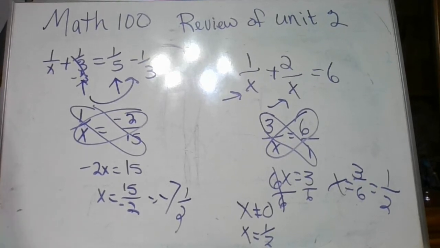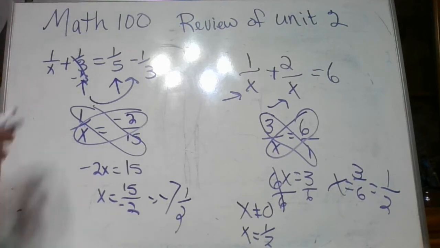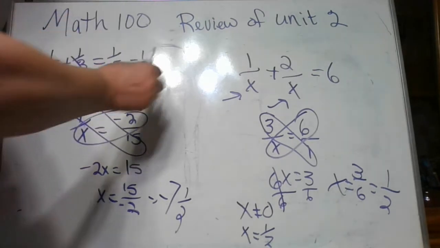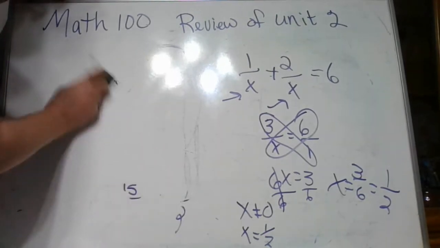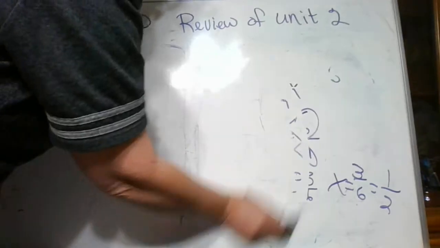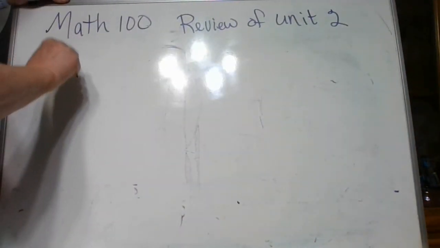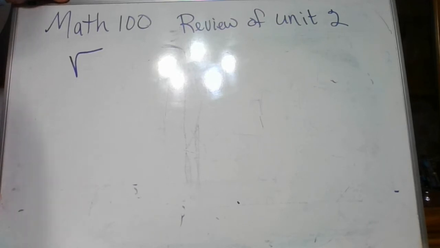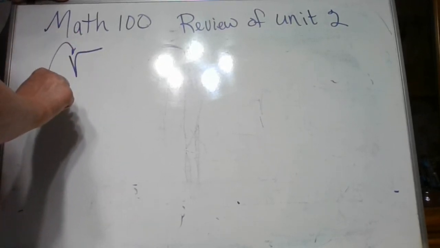Okay, now we're going to look at radicals. A radical sign looks like that. If there's not an index number in here, it's automatically 2.